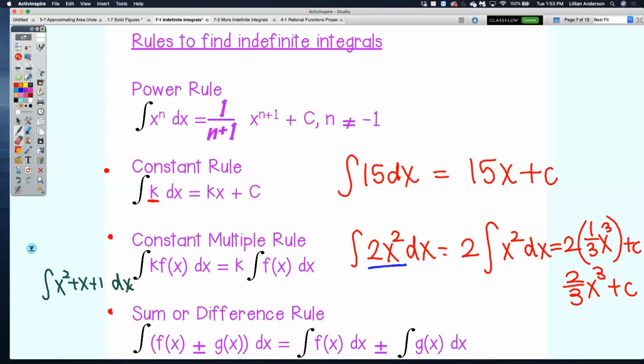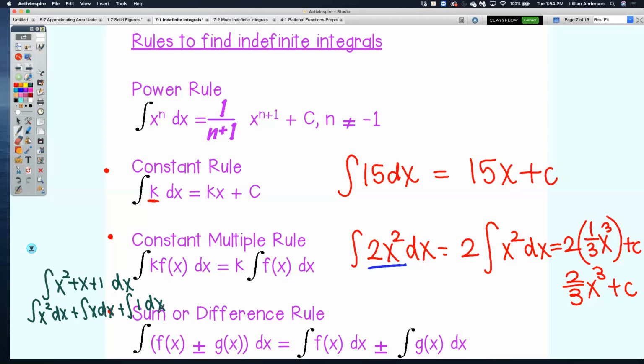Essentially, you're just going to take the antiderivative of x squared, take the antiderivative of x, then take the antiderivative of 1 separately, each individual piece. And then you get your answer. Of course, don't forget your plus c. So it wouldn't be 3 individual answers.